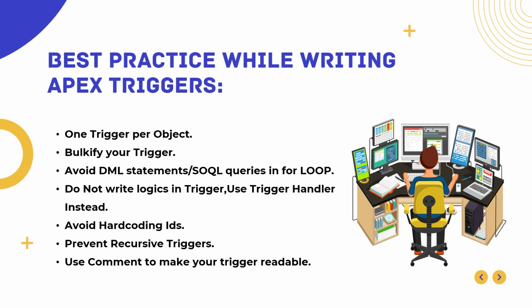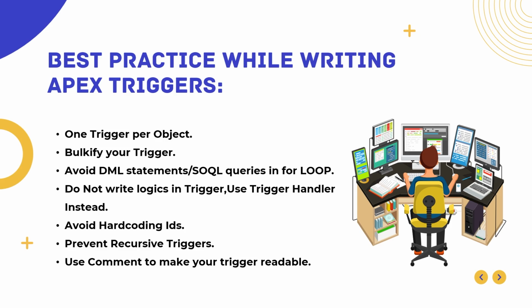Avoid DML statements and SOQL queries inside the for loop; we should use a map so we can avoid these. And do not write logic in triggers. In this assignment we are not writing any code in the trigger. We are just mentioning the method names and the context variables, and after that everything is done in the helper or handler class.